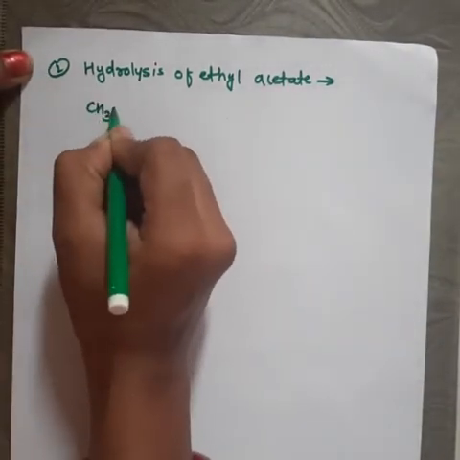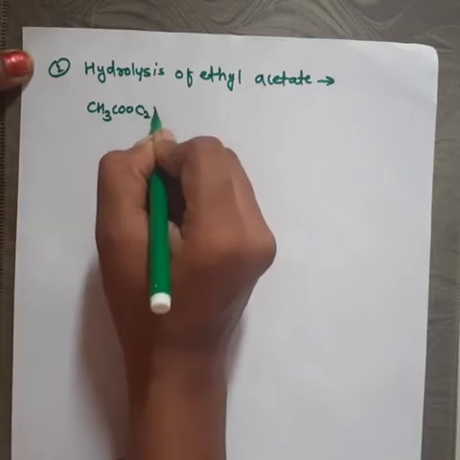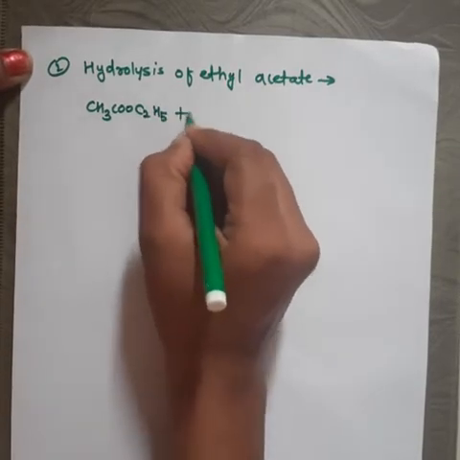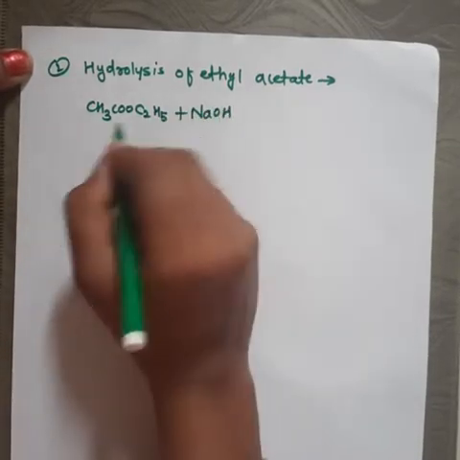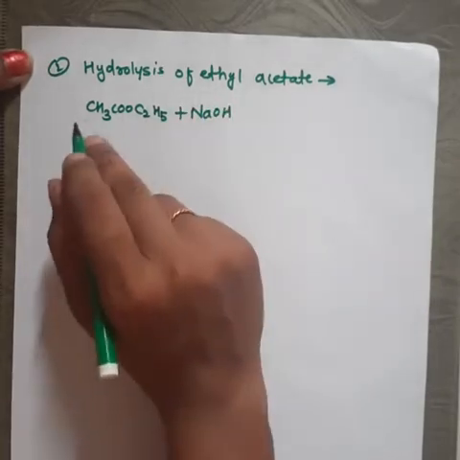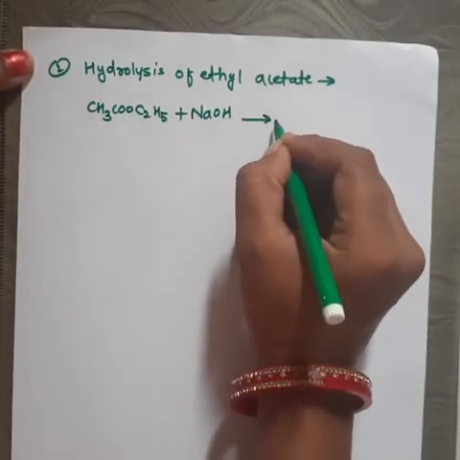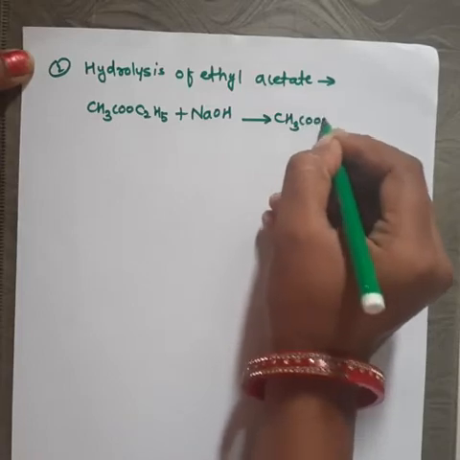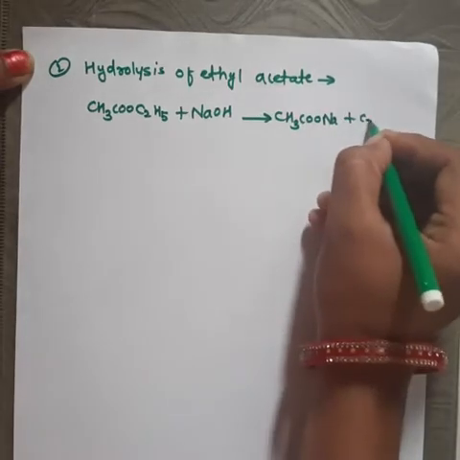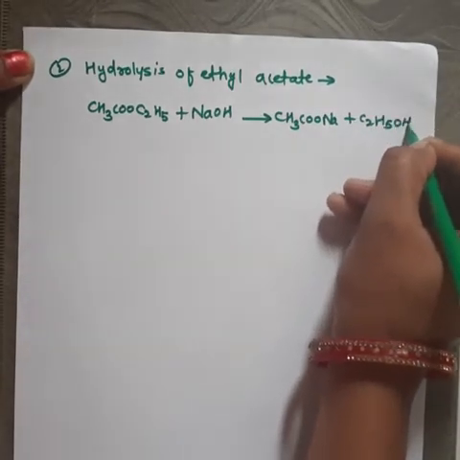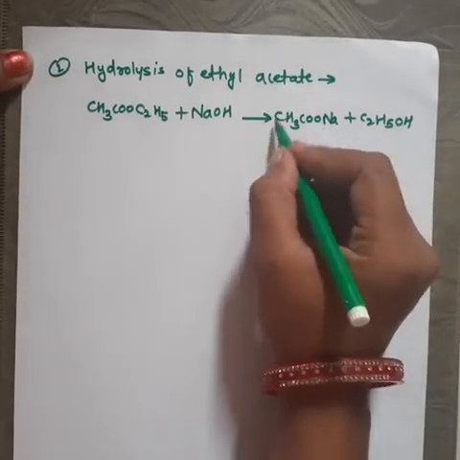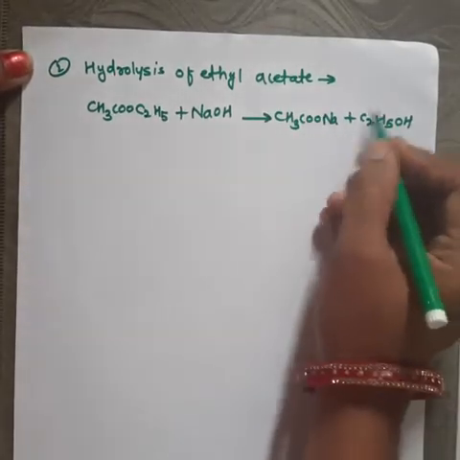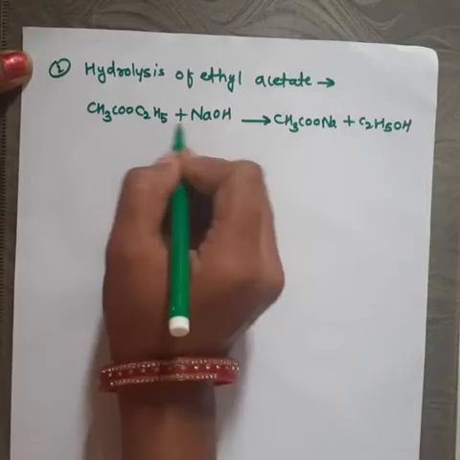It is CH3COOC2H5 plus NaOH. Here two different reactant molecules are involved. It gives CH3COONa plus C2H5OH. Here the sodium salt of acetic acid is formed and ethanol is formed.